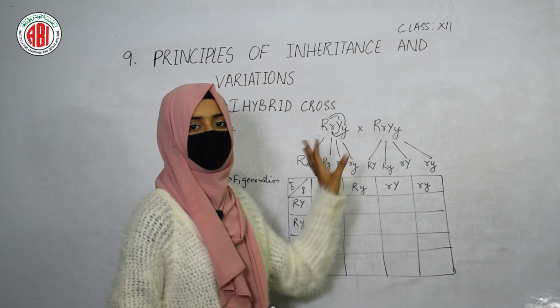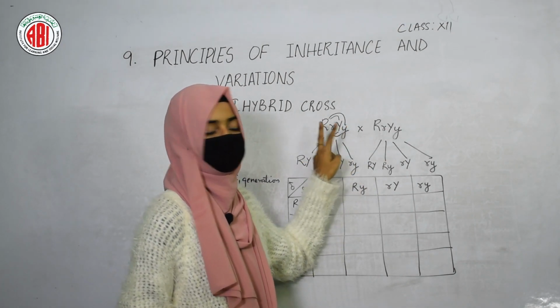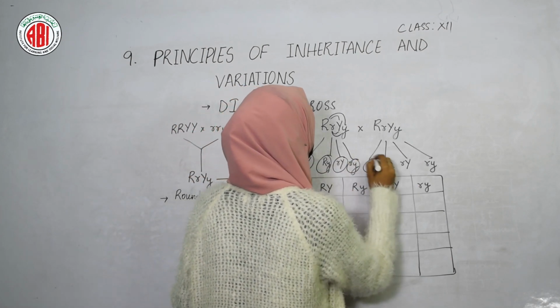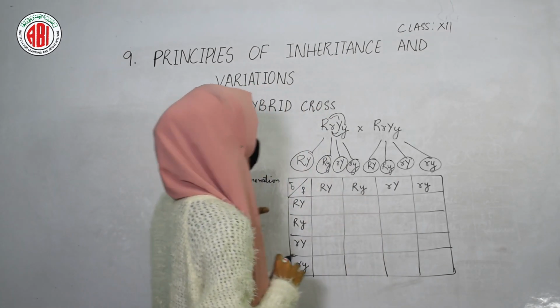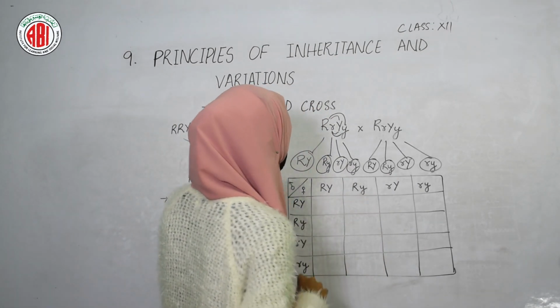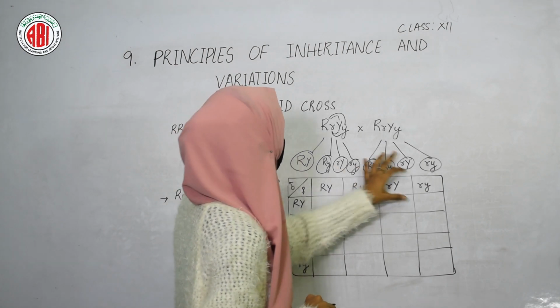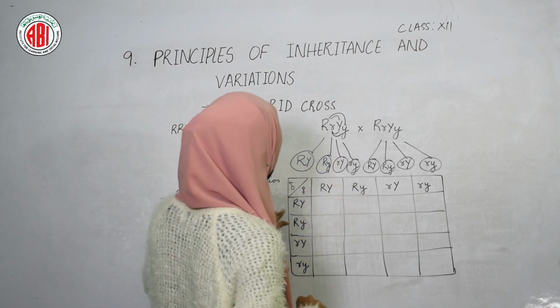So, when the self-crossing takes place between the two members of the F1 generation, these are the gametes that are formed. After the gamete formation, let us draw a Punnett square to see the offspring that are produced in the F2 generation. Here we will take the gametes of one parent, and on this side the gametes of the other parent.